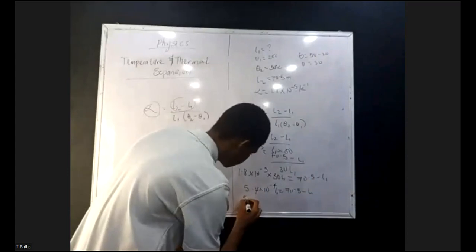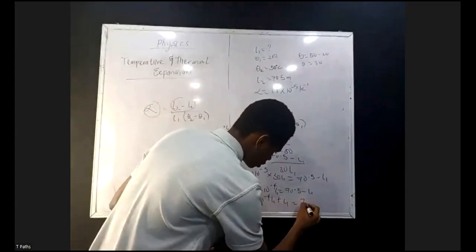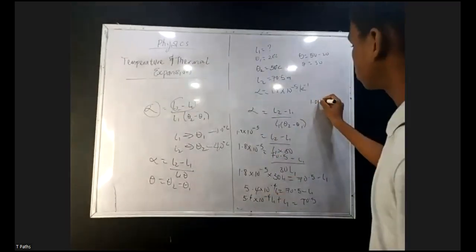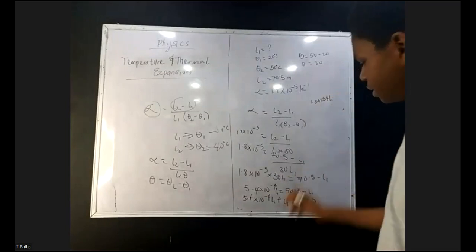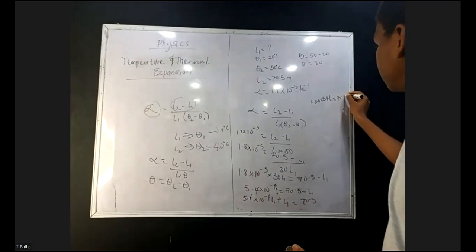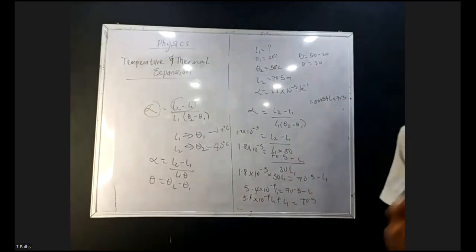So this will become 5.4 times 10 to the power of minus 4 L1 plus L1 is equal to 70.5. This becomes 1.00054 L1 equals 70.5. I'll just divide it, and when I divide it, I'll have my answer, and that will be the length of my material. So you guys can just take that as an assignment.